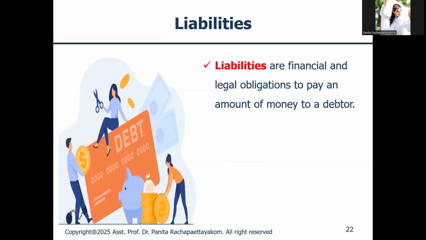What are liabilities? On slide number 22, liabilities are financial and legal obligations that you need to repay to the creditor or the debtor, or it might be money that you need to return to the bank.